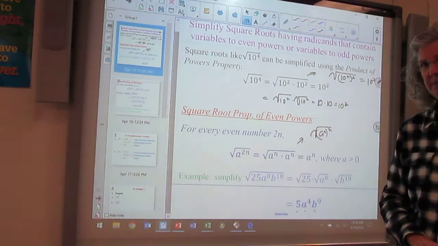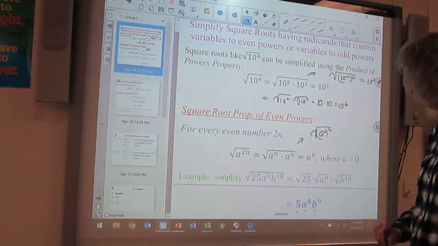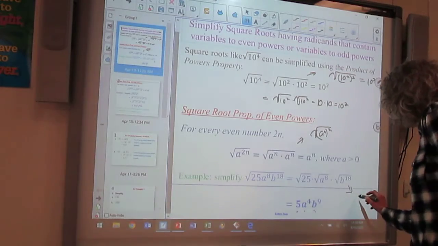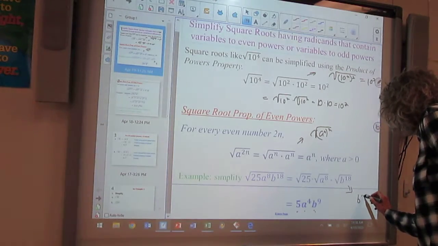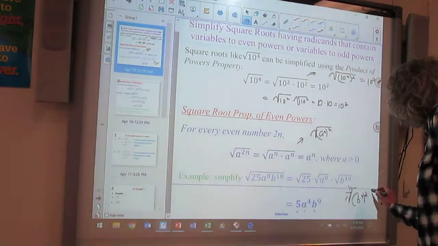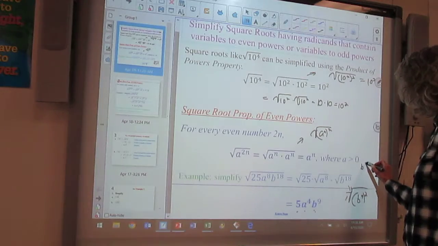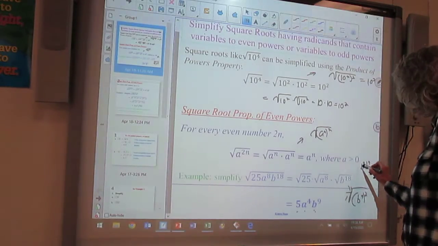I did not show the intermediate steps there. You see that the powers cut in half when they're even. b to the 18th is b to the 9th squared, and the square root of that is b to the 9th. Or you can think of it as b to the 9th times b to the 9th.